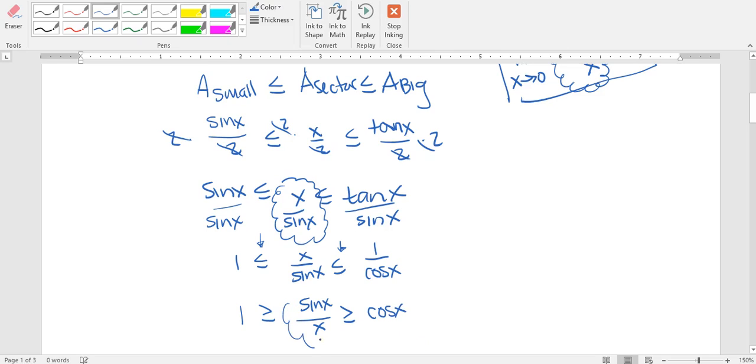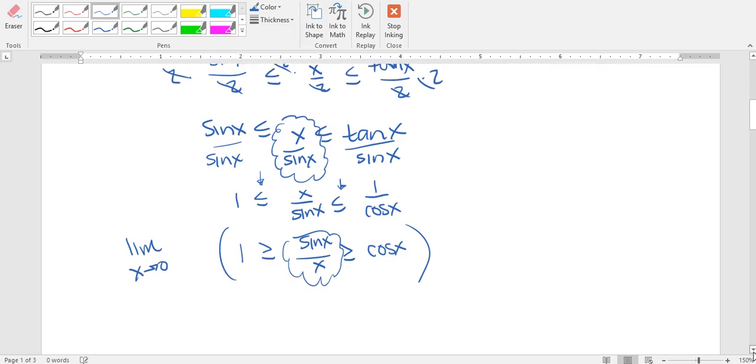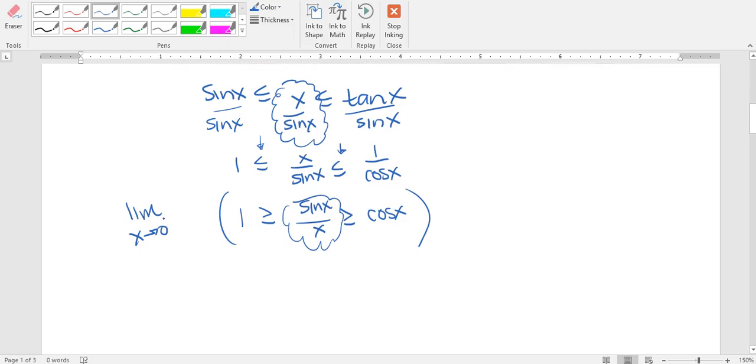So now that this function matches the limit one that we were trying to find before, let's go ahead and take the limit as x approaches 0 of this entire inequality statement. Meaning if we take the limit of 1, we have to take the limit of them all. So up to this point, my students would know that the limit as x approaches 0 of 1, the limit of any constant, is just that constant itself, which is 1.